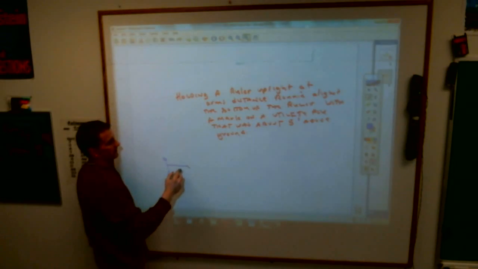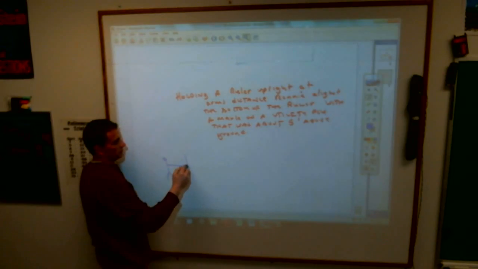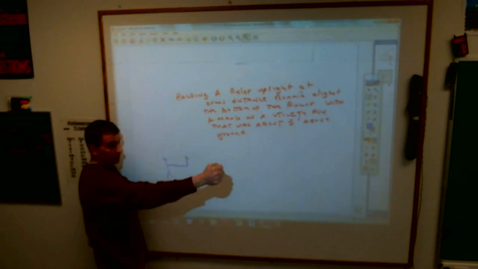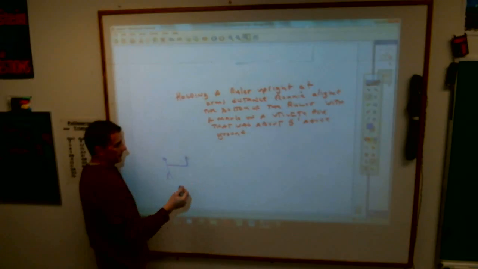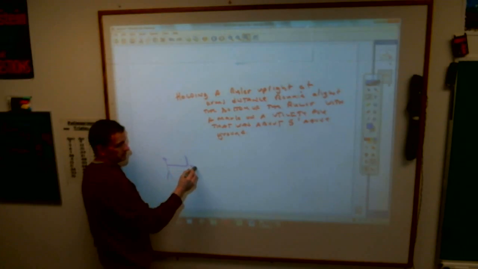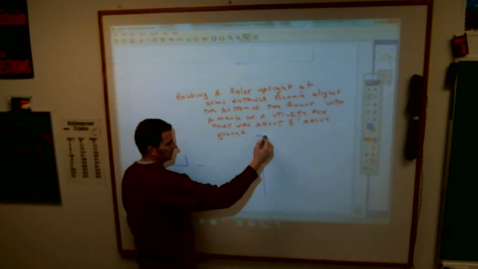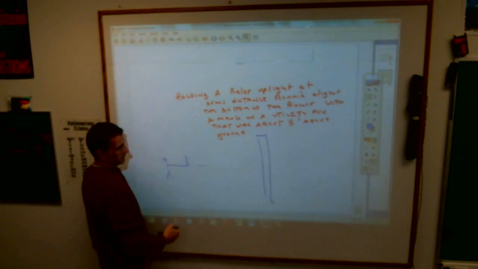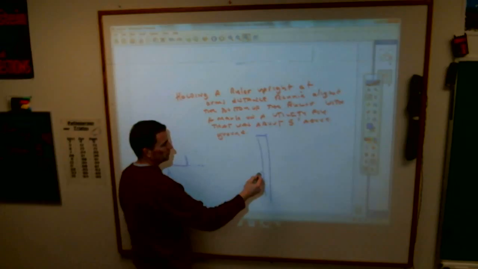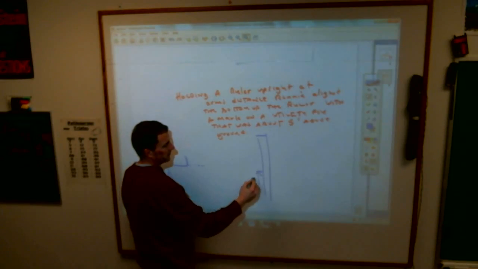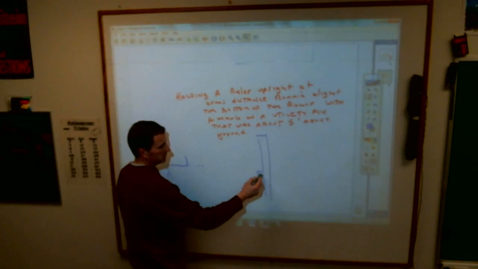Okay. He aligns the bottom. Here's the ruler. He's holding the ruler out in his hand. There's this big old pole over here. He aligns the bottom of that ruler with a point that's 5 feet above the ground on this utility pole.